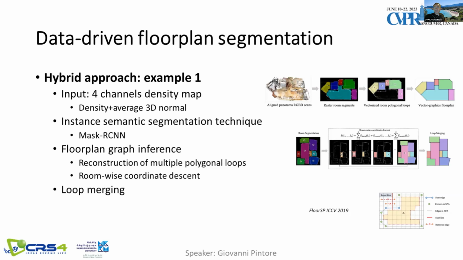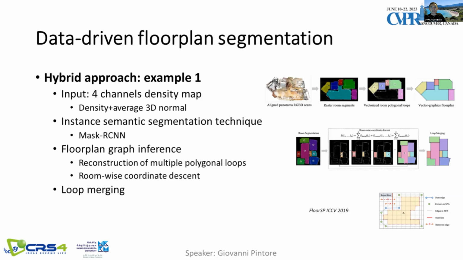The method starts from the room segmentation using a general purpose semantic segmentation technique like Mask R-CNN. The room segmentation reduces the floor plan graph inference into the reconstruction of multiple polygonal loops, one for each room. Here we have in the second figure the room.